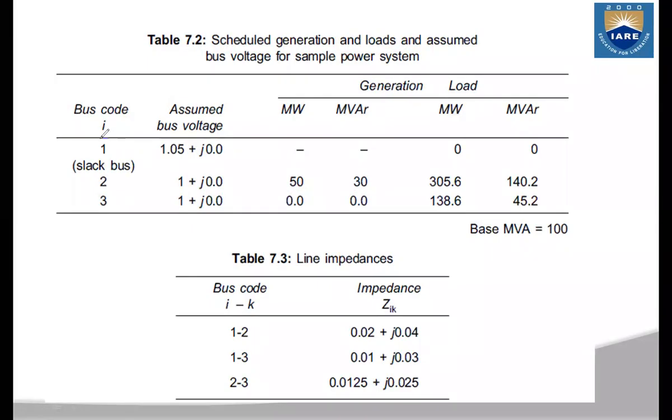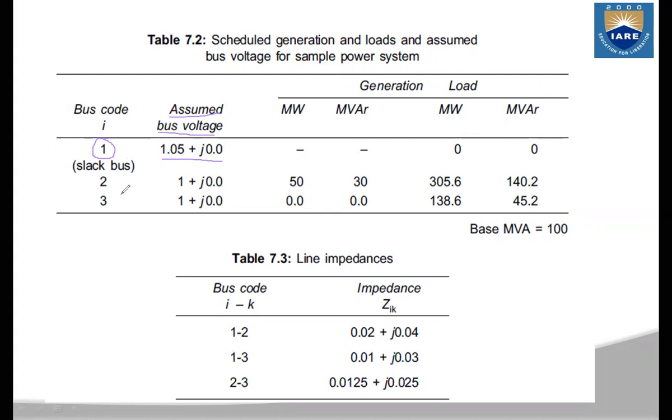The first bus is the slack bus. At slack bus, generally the voltage and angle is given. So here the assumed bus voltage is given as 1.05 plus j0.0. And at slack bus generally the generation and load will not be specified.